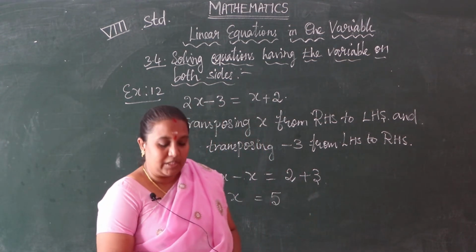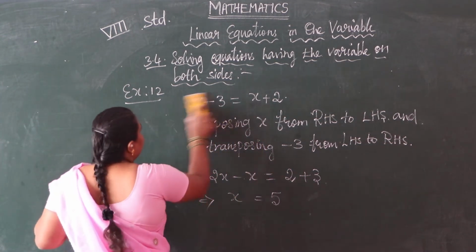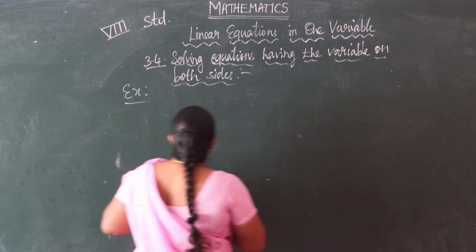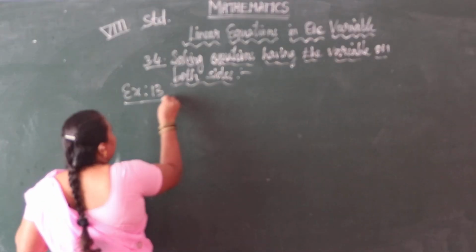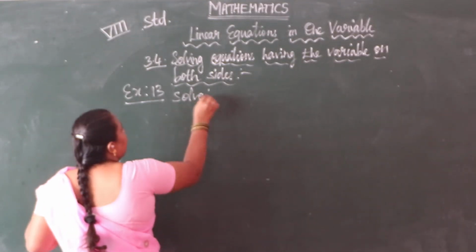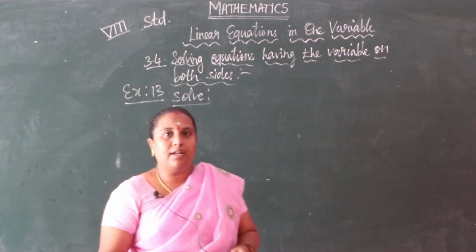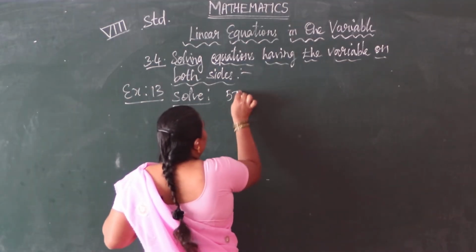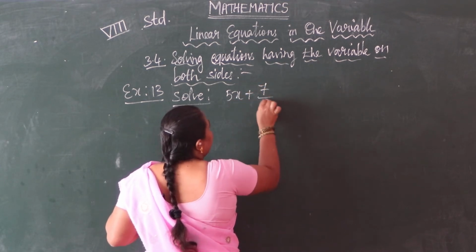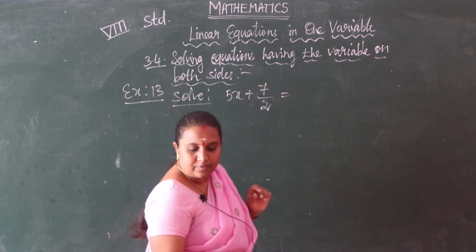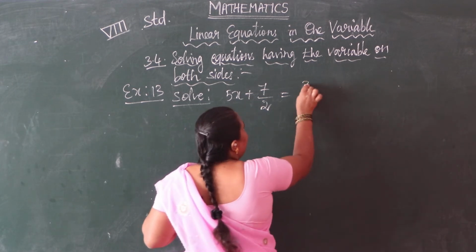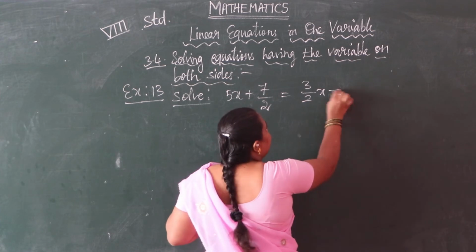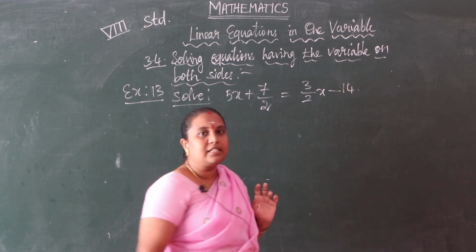Example 13 is given for you. Solve. We want to find the solution of the given equation: 5x plus 7 by 2 equals 3 by 2x minus 14.